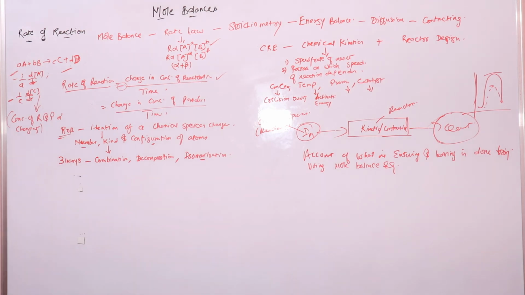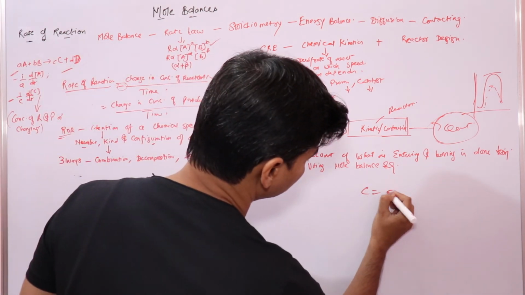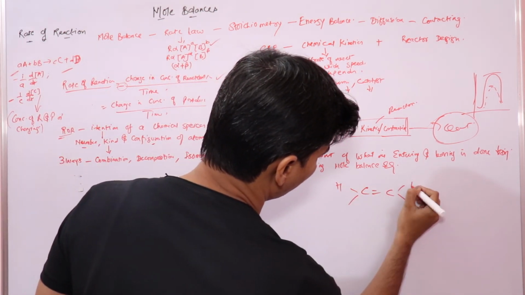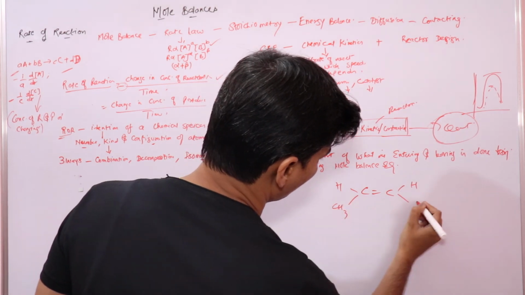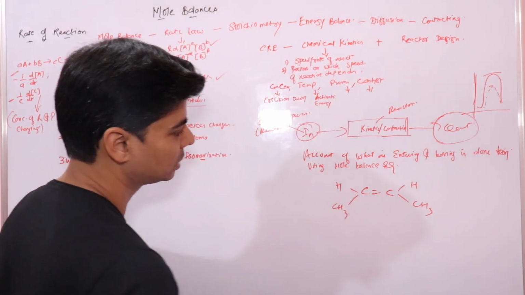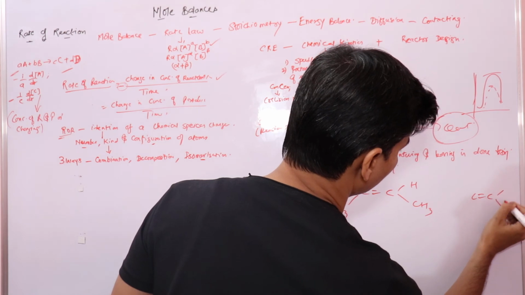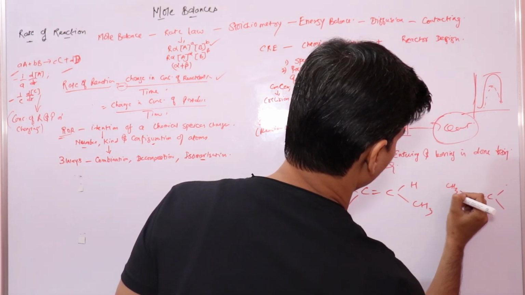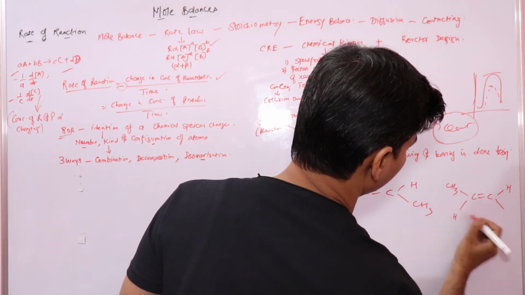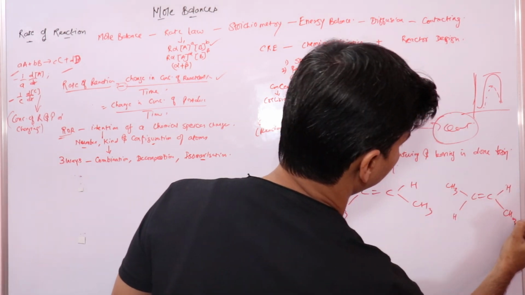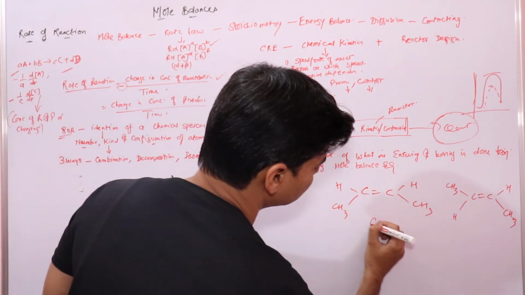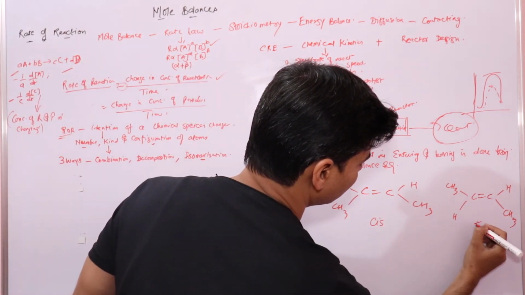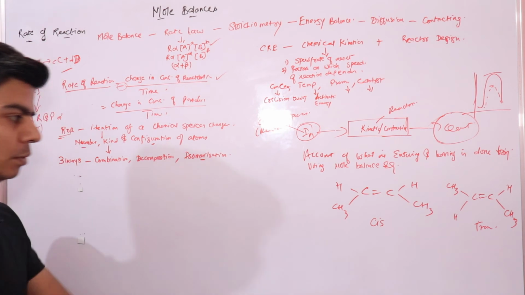When we talk about the configuration of atoms, if you remember the cis-2-butene, this is your cis-2-butene, and this is your trans-2-butene. This is your cis isomer, this is your trans isomer.